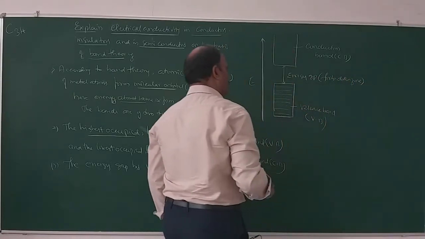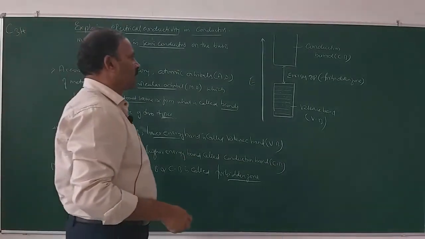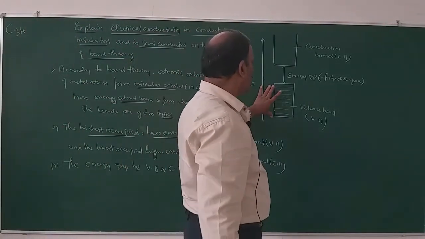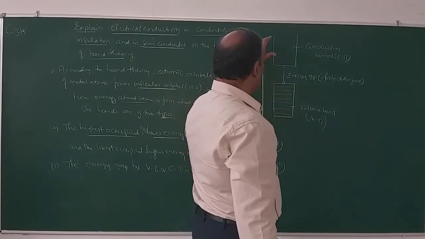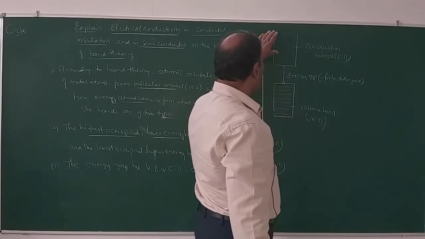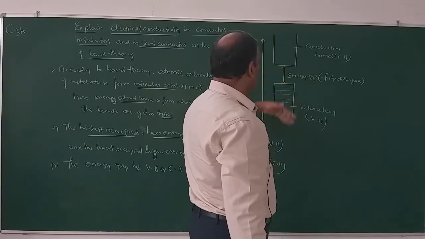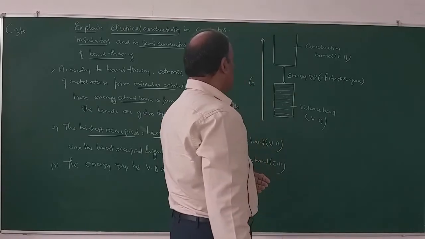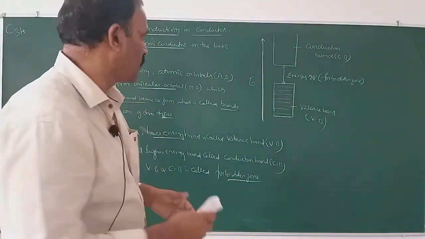So this is the third point. The valence band has lower energy and is highly occupied, and the higher energy band, which is least occupied, is called conduction band. The energy difference between valence band and conduction band is called forbidden zone.